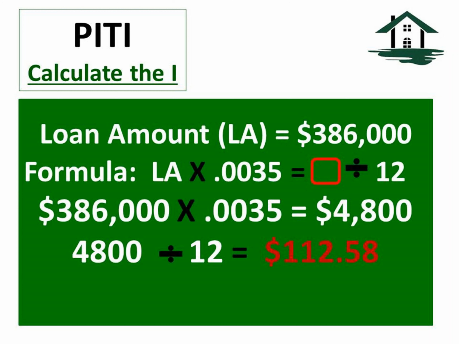So in our scenario, you will enter $386,000, then multiply that by 0.0035, hit the equal sign, and now you will see that it equals $4,800. Now divide that amount by 12, hit the equal key, and you will receive the result of $112.58. Jot this number down.